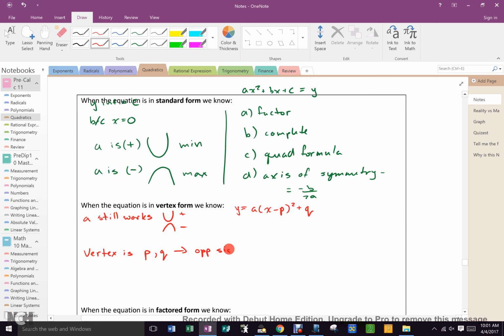Opposite sign. Opposite sign P. Do we know anything else here? Something else about A that we actually forgot in the first one. Pardon? Yeah. A is, I like to call it, our stretch factor.